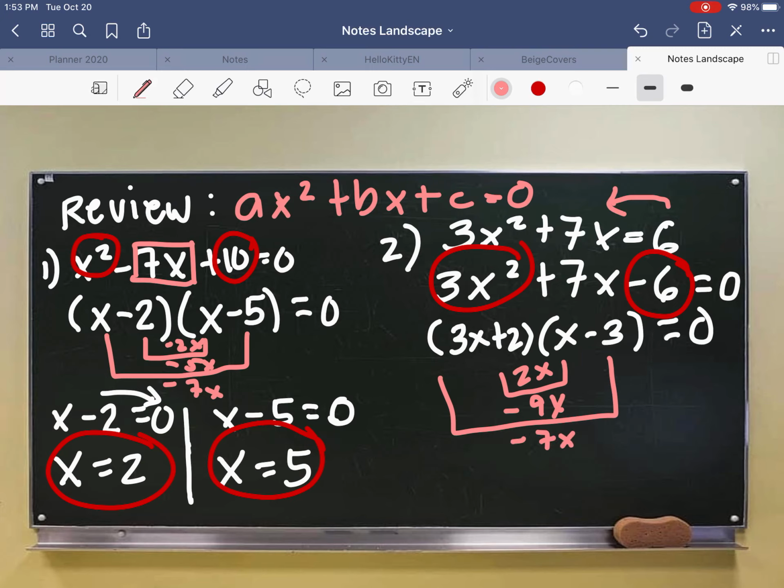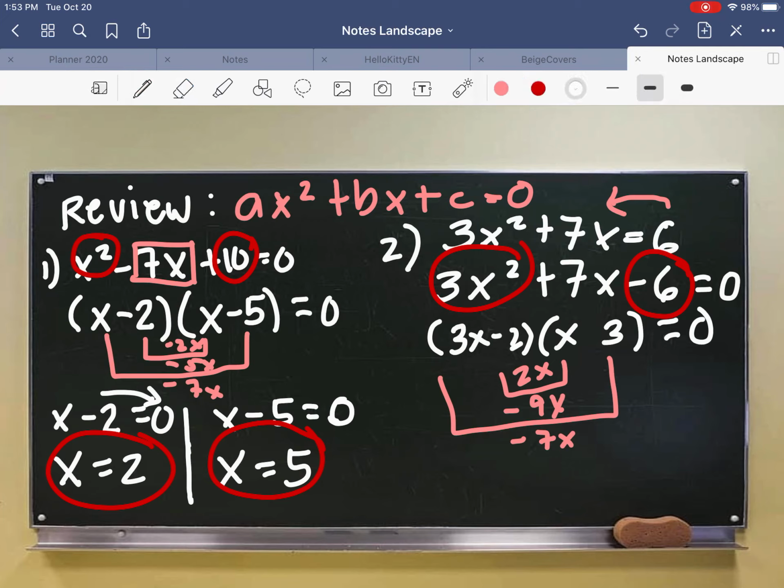Which is, hindi equal dun sa gitna. Kasi yung nasa gitna is positive 7x. Pero malapit na. Ano na lang pinagkaiba? Ang pinagkaiba niya na lang yung sign. So, ang gagawin natin, yung sign yung pagpapalitin na lang natin. We make this negative 2, and then this is positive 3.